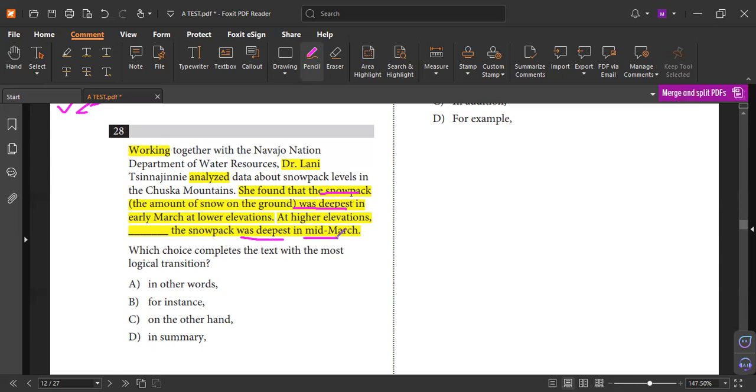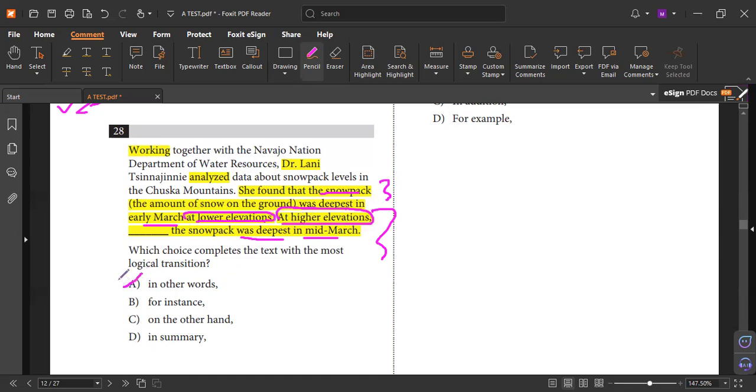What does that mean? In other words, is the following the same as the preface? Does not make sense. He said the snowpack was deepest in early March. You see, lower elevations. Here at higher, oh, look, comparison, lower and higher.